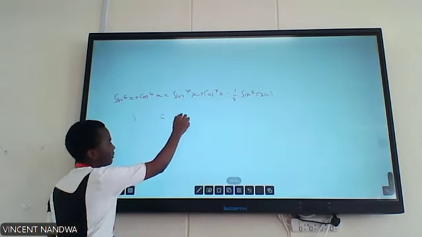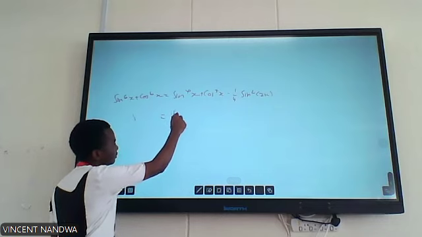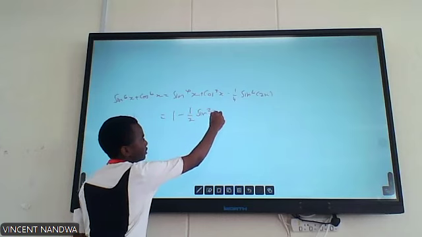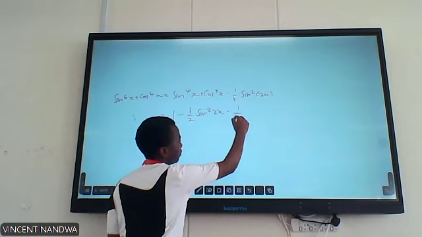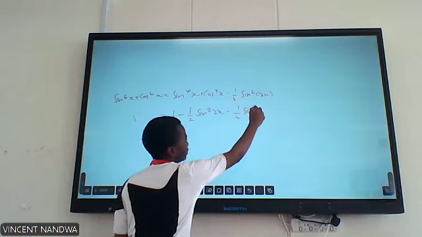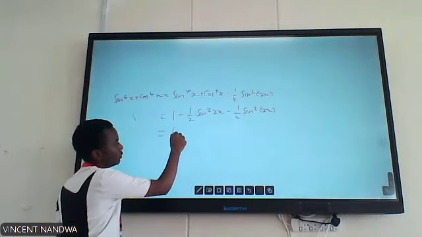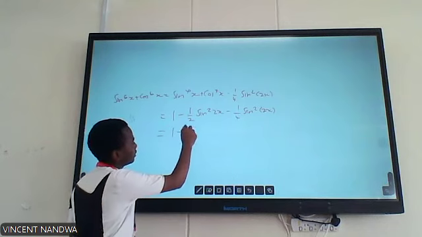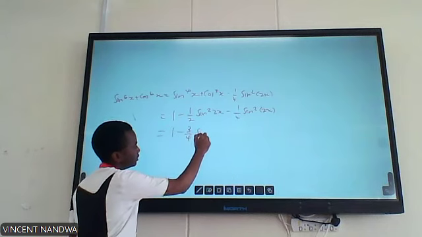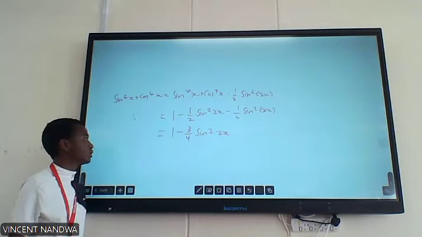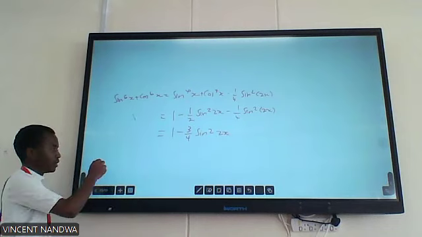So we come and replace: 1 minus a half sine squared 2x minus a quarter sine squared 2x. Then we get 1 minus 3/4 sine squared 2x. And now we can go on with the question.